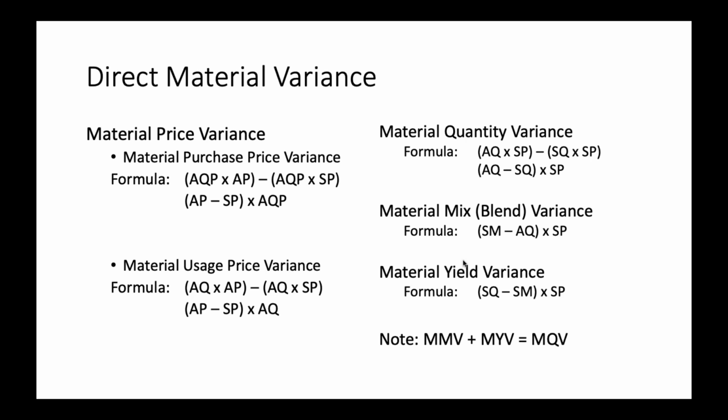For material price variance, we have two kinds: material purchase price variance and material usage price variance.